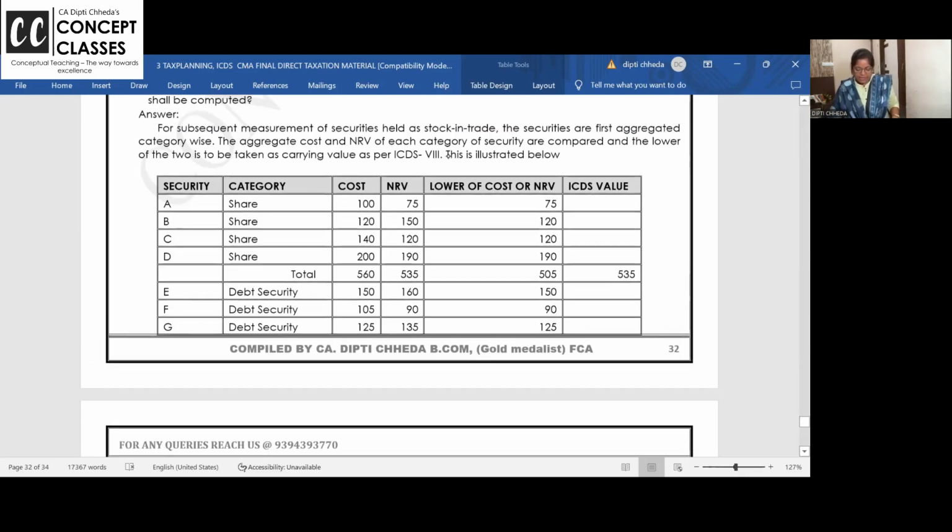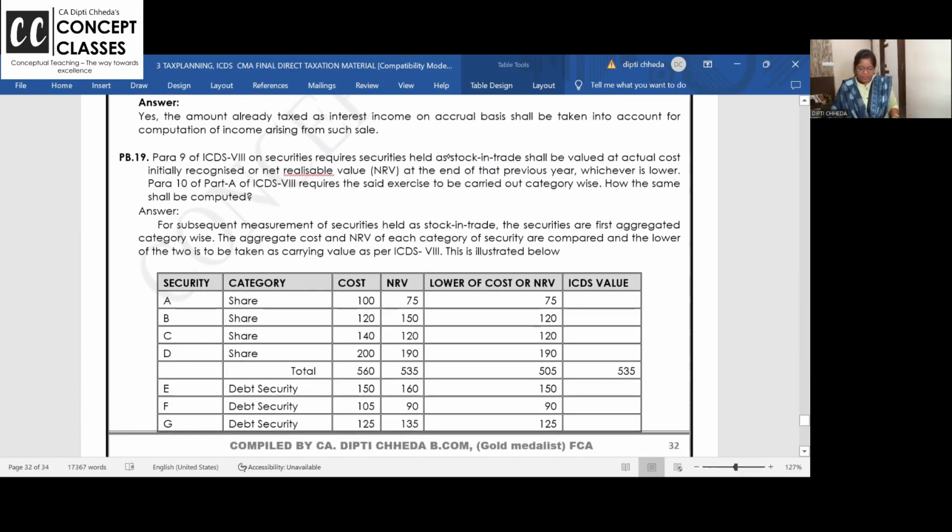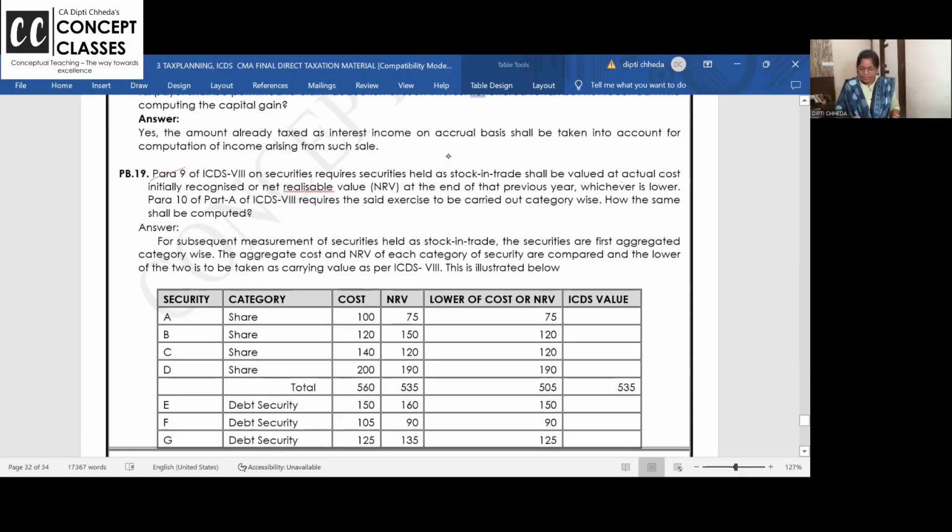All right. See this question. ICDS 8, para numbers and all, you need not know. ICDS 8 on securities held as stock in trade shall be valued at cost or NRV, whichever is lower. However, ICDS 8 said that the exercise should be done category wise.